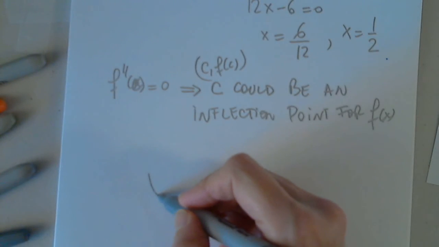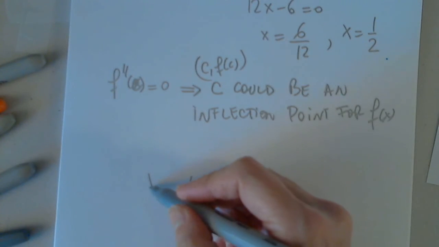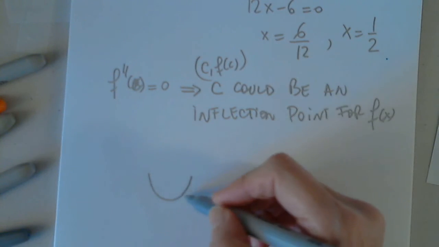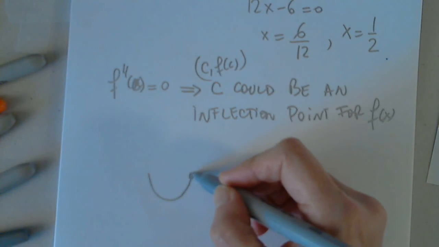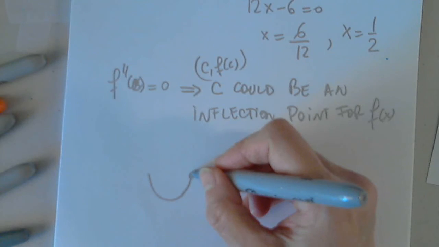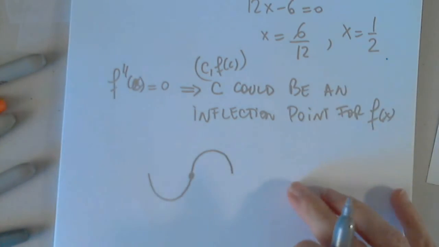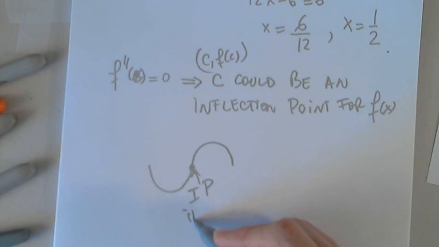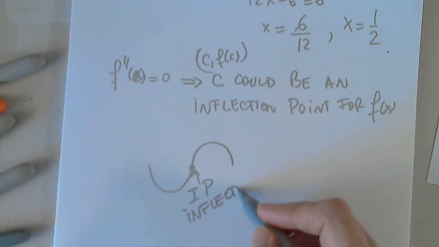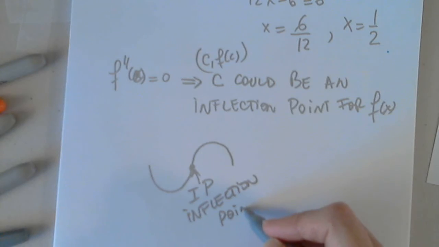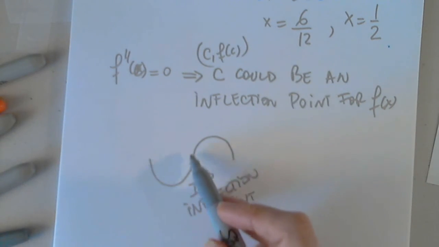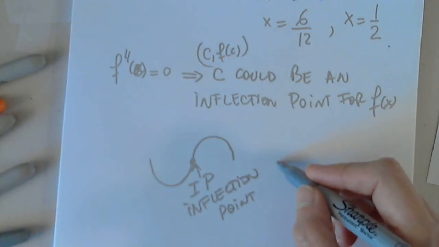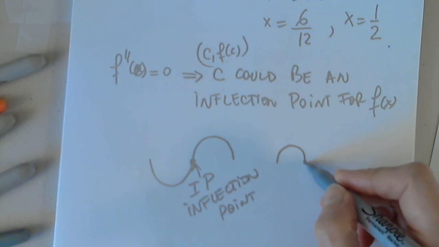It means that the function is either concave up, opening upward, and then all of a sudden at this point, it starts opening down. This is what we call IP, inflection point, from concave up to concave down, or vice versa, from concave down to concave up.